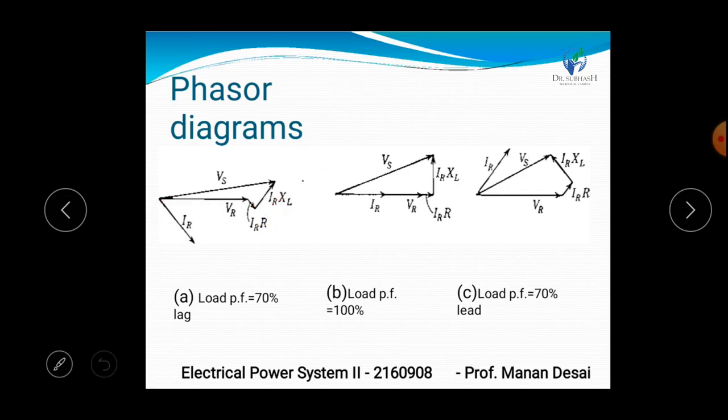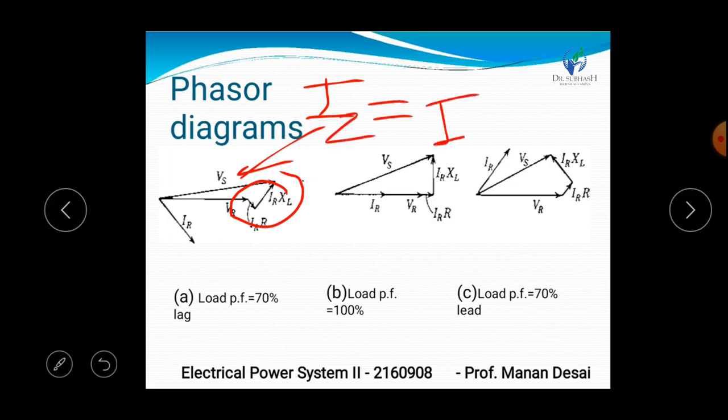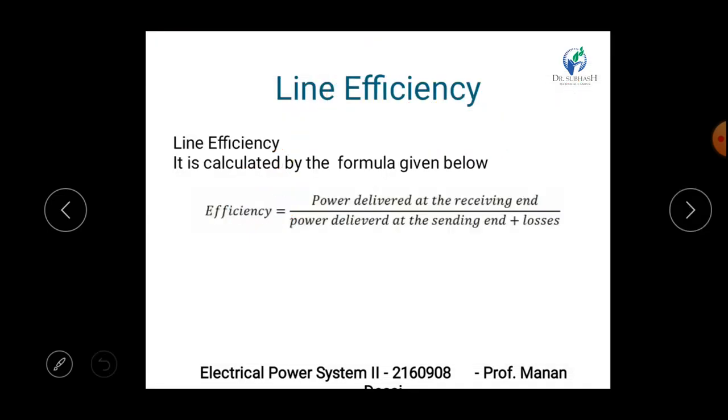The sending end voltage Vs is the sum of VR and Iz. And now what is Iz? Iz is equal to IR plus jIX.